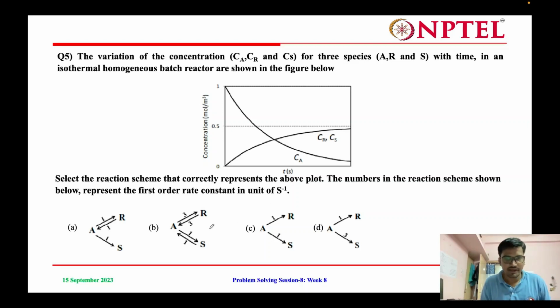Hence options A and B are not possible because they show the formation via reversible reaction. Since the CR and CS curves merge with each other here, the only possibility is that both R and S are formed at the same rate. So yes, option C is correct.